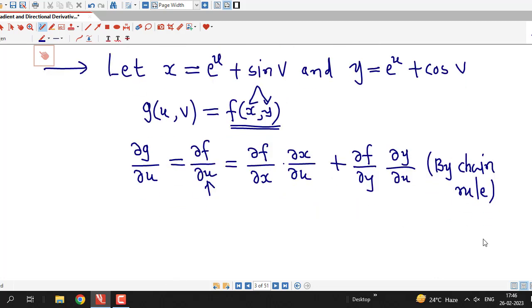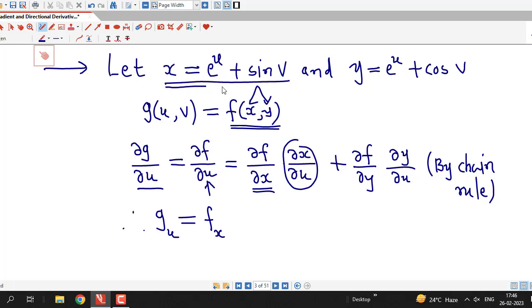And therefore this I can rewrite as, this is another notation for the partial derivative of g with respect to u, f suffix x times del x by del u, which can be obtained from this. If we differentiate this with respect to u, we consider v as constant.